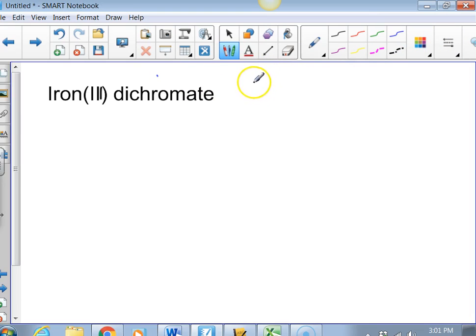Iron 3 dichromate is composed of iron 3, or iron with a positive 3 oxidation state, and dichromate, Cr2O7 with a negative 2 charge. So we're going to crisscross our oxidation numbers, give 3 down here, and 2 over here.